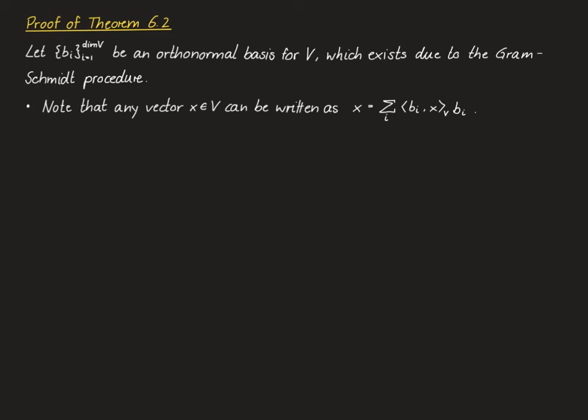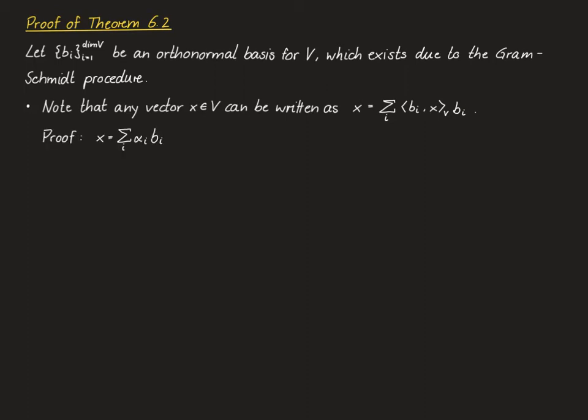First of all, note that any vector x in the vector space V can be written as x equal to the sum over all i, which stands for the sum from i equals 1 to the dimension of V, of the inner products of the basis vectors b_i with x times the basis vectors b_i.